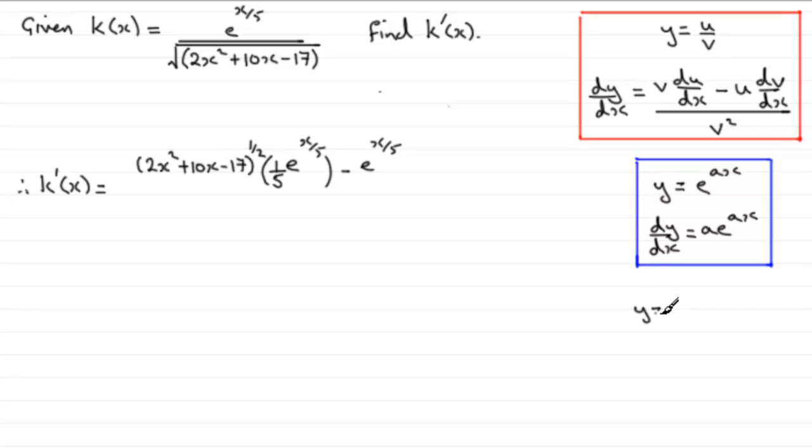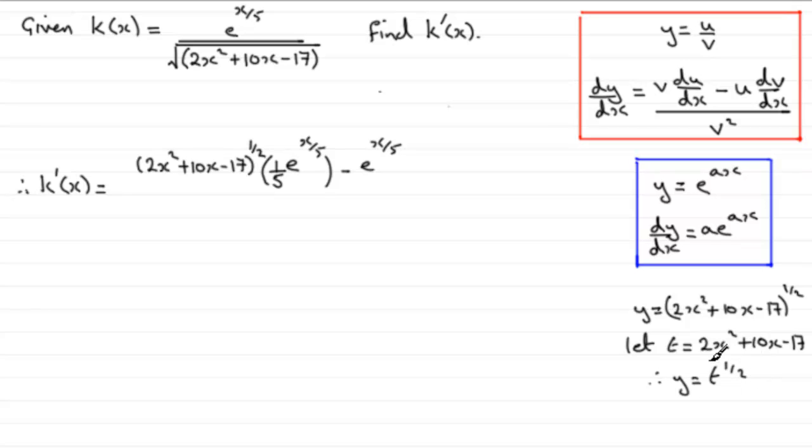We've got to see this as, say, y equals 2x squared plus 10x minus 17, all to the power half. If I let t equal 2x squared plus 10x minus 17, then we can see this as y equals t to the power half.